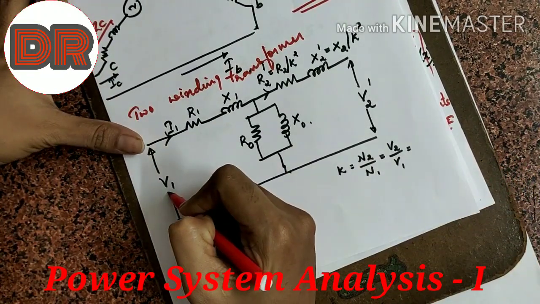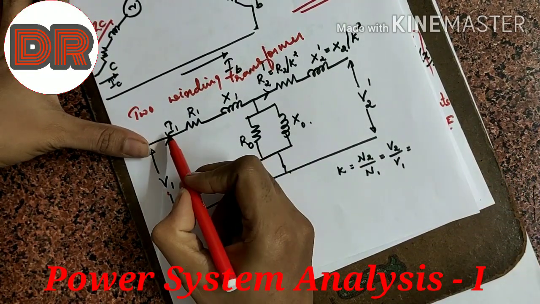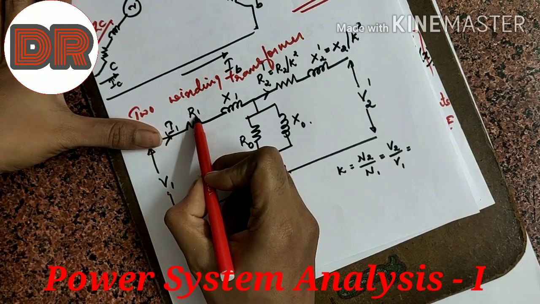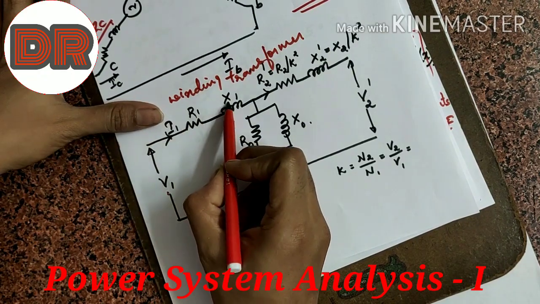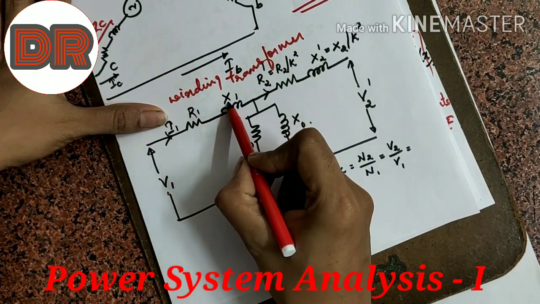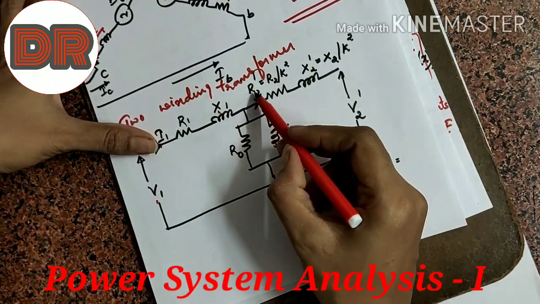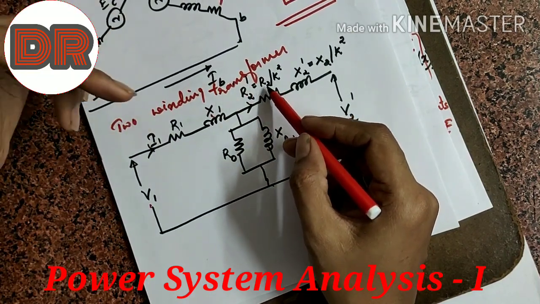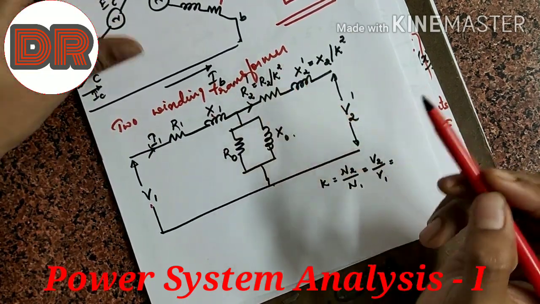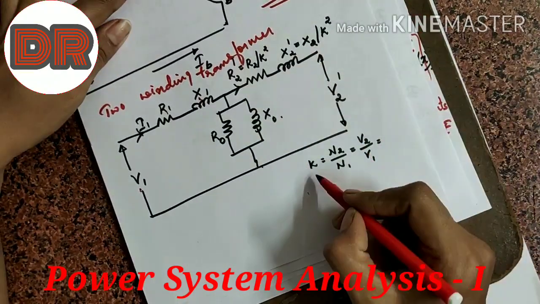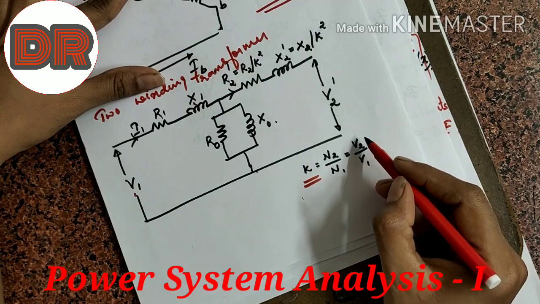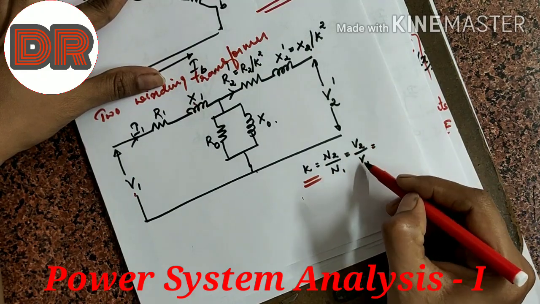V1 is the primary side voltage, I1 the primary side current, R1 the primary side resistance, X1 the primary side reactance, and R2 dash is the secondary side resistance referred to the primary, which can be given as R2 by K square, where K is N2 by N1, or it can also be written as V2 by V1.